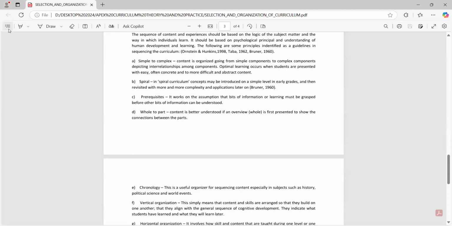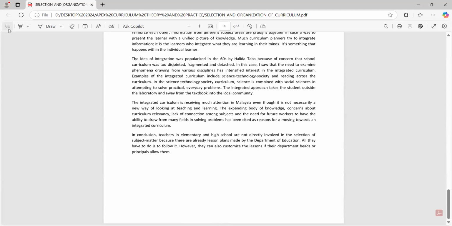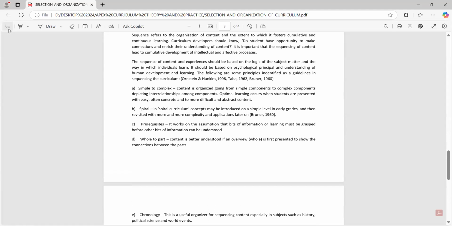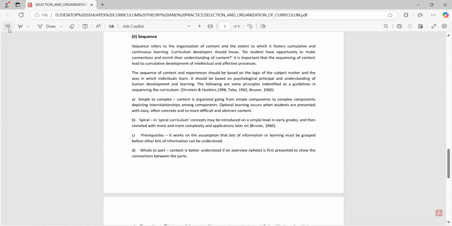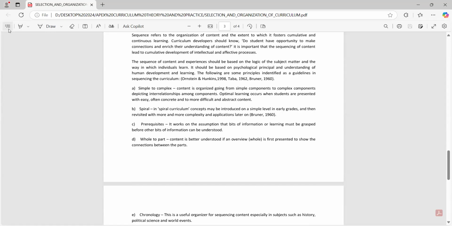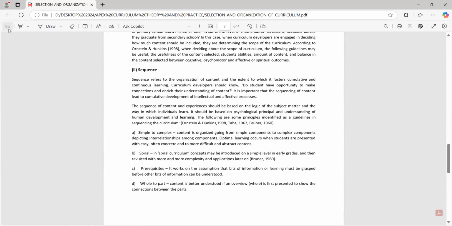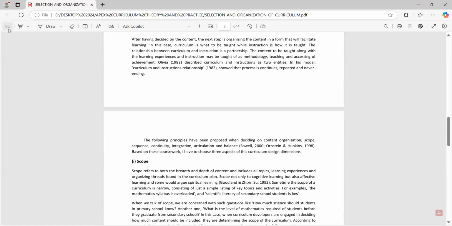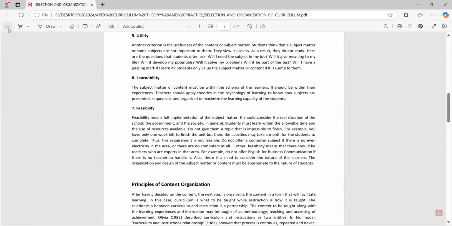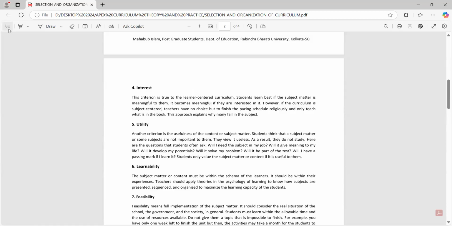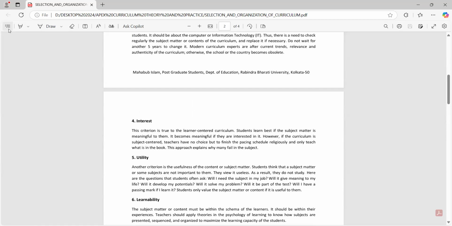Scope, sequence, and then how to sequence them, simple to complex, spiral, prerequisites, and all these things should be discussed next day with regard to content organization. So today we discussed content selection because content is one of the four components of curriculum, and we first started with content. Got it?